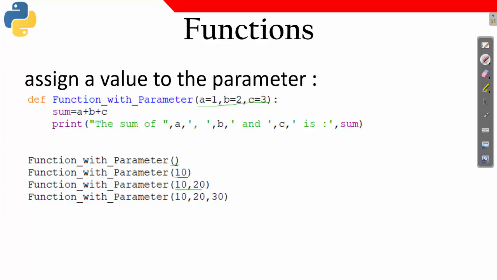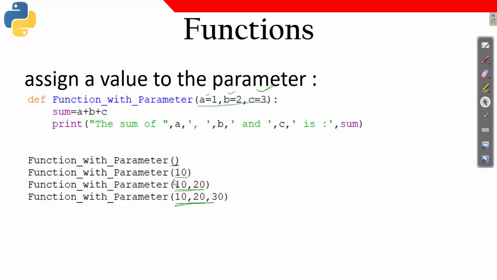Here I am passing only two parameters. Here I am passing all the three parameters. This is called default values. These are my default values. It means when I am not passing any parameter but parameters are required, at that time a equal to 1, b equal to 2 and c equal to 3 value will be taken.